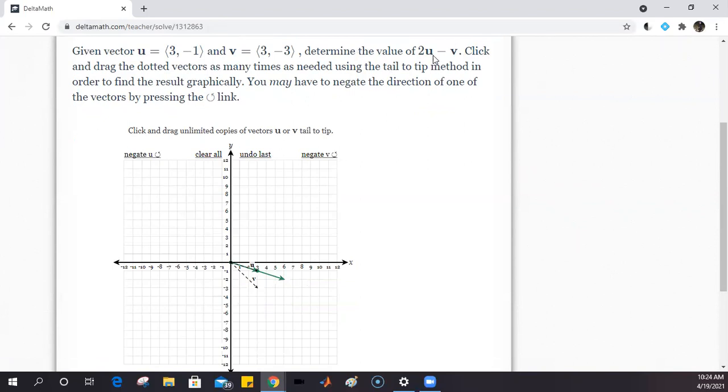And then we need a negative V. So we're going to negate V. There it goes. And I'm going to move that V to the tip of where I left off. There we go. Again, if I put it off a little bit, it will snap it to where it needs to go. So we've got 2 U's and we subtracted V. 2U minus V.